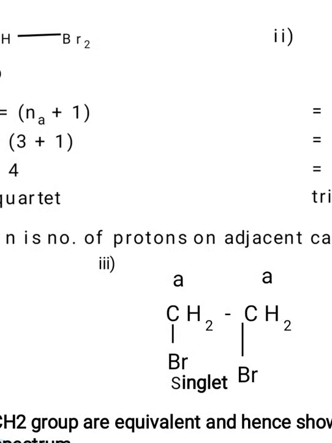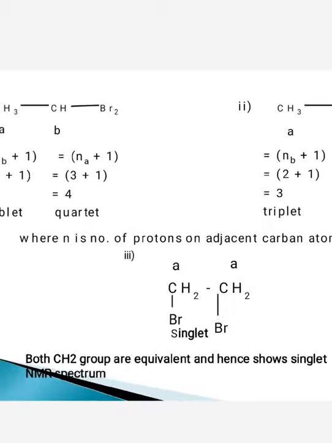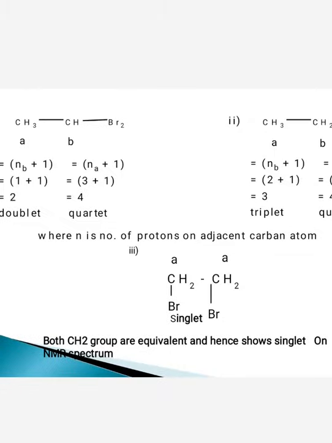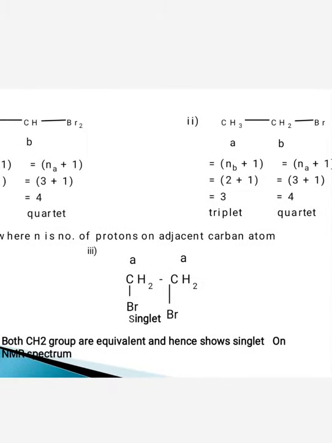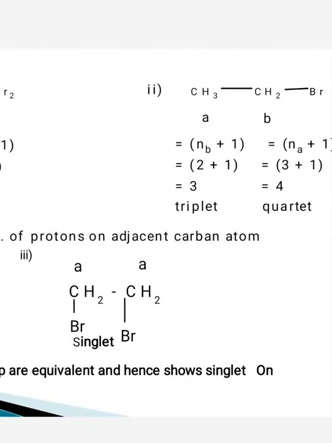While in the case of 1,2-dibromoethane, both the CH2 groups have the same chemical environment and hence one singlet. This compound gives only one singlet on the NMR scale. In this way we can differentiate both the compounds. In bromoethane, there are two sets of protons. For the A set we get a triplet and for the B set we get a quartet, that is Na+1.